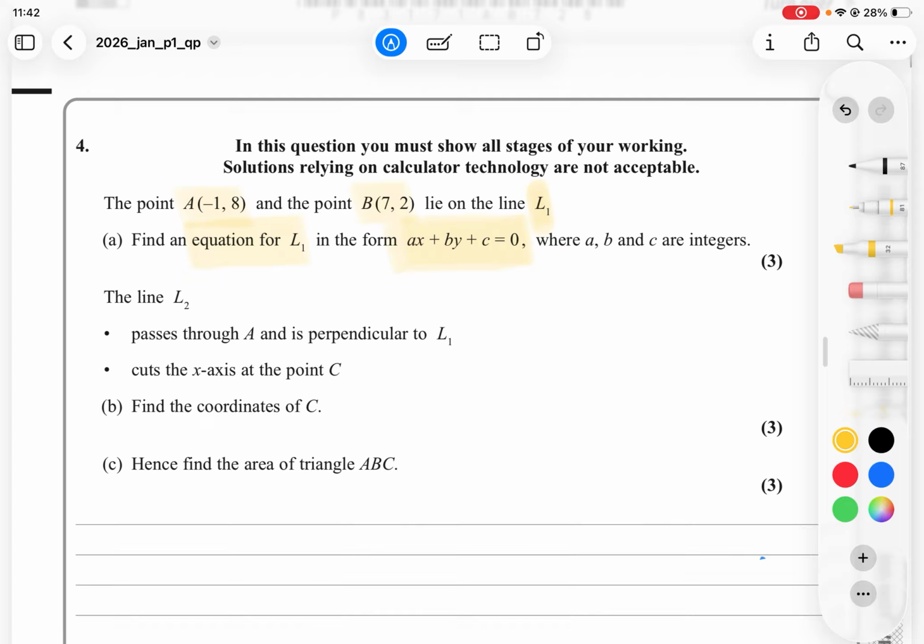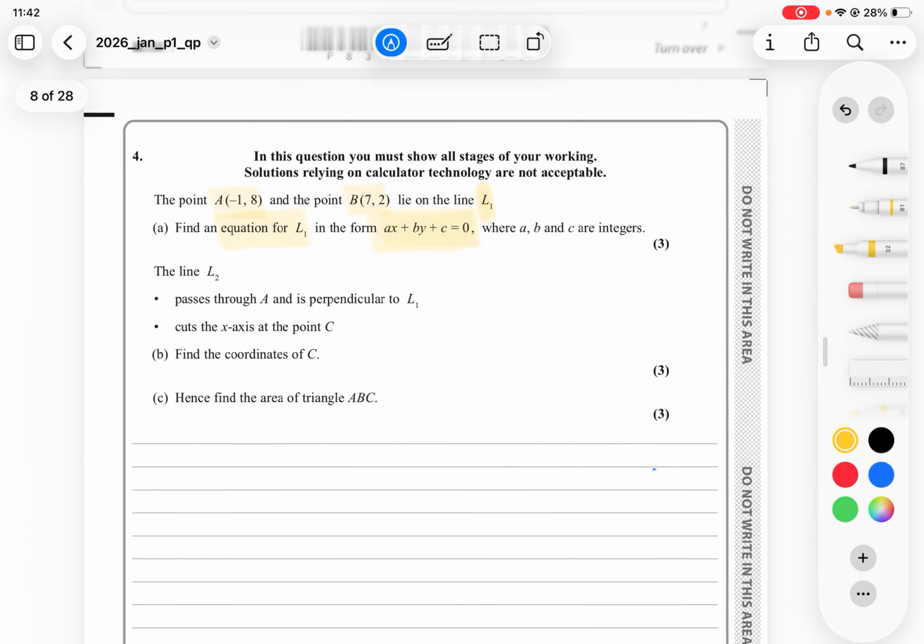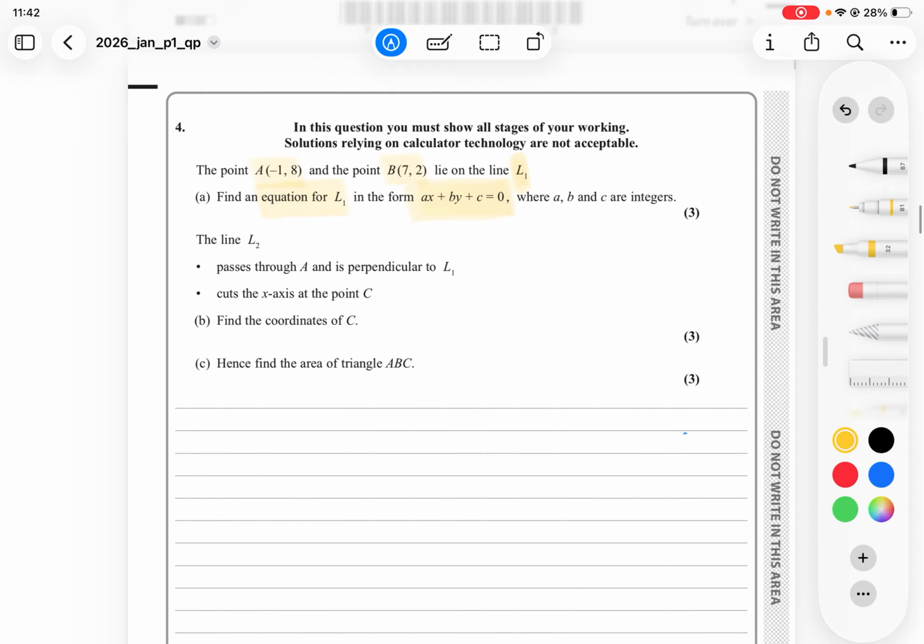Now to start with that, I can easily go to the line, but let's visualize this information in detail, since I notice at the end they are asking for the area of the triangle ABC. So I'm trying to get the points where they are.